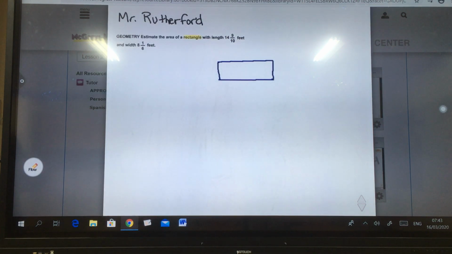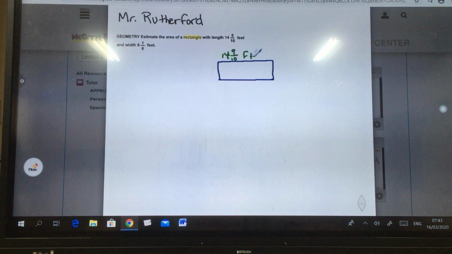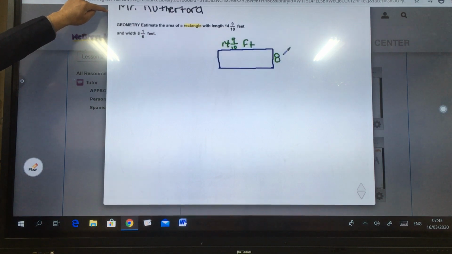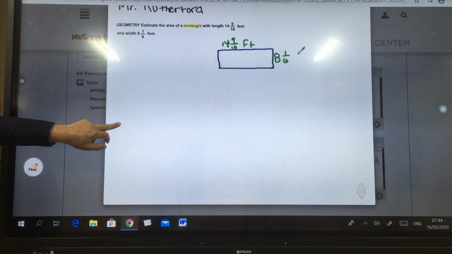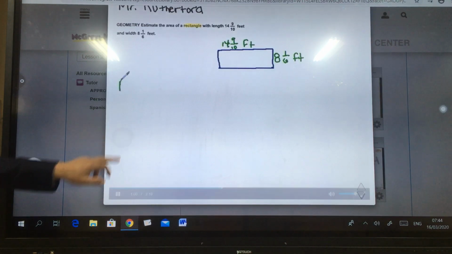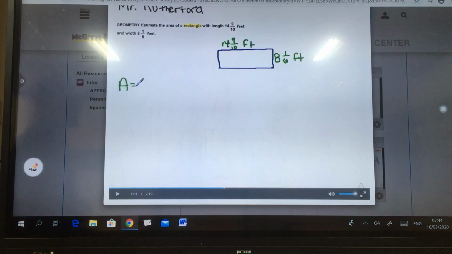So I'm going to put that here, 14 and 9/10 feet. And then we'll have that as our length, and our width will be 8 and 1/6 feet. Now, in order to find the area of a rectangle, I have a question.